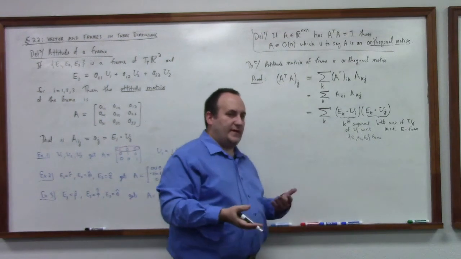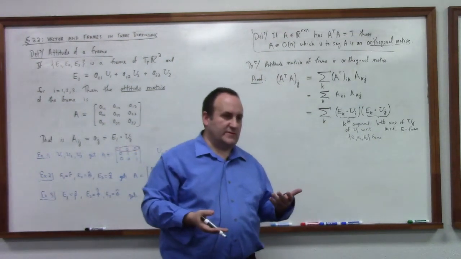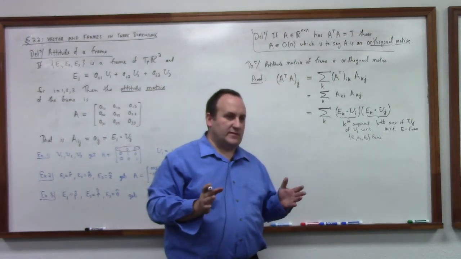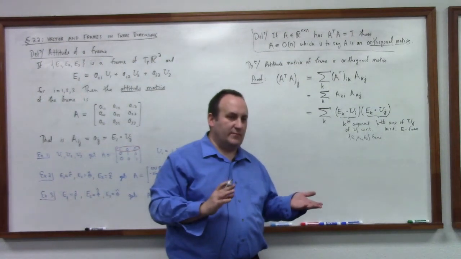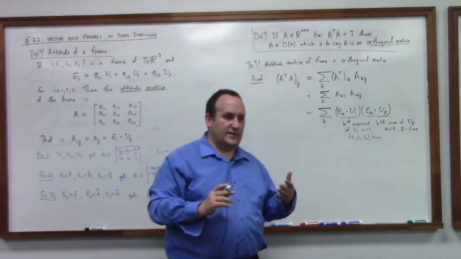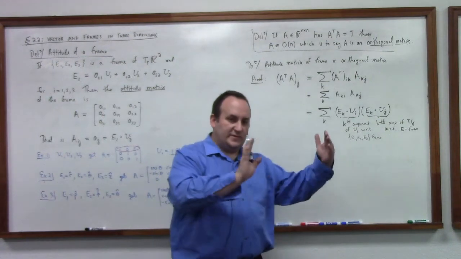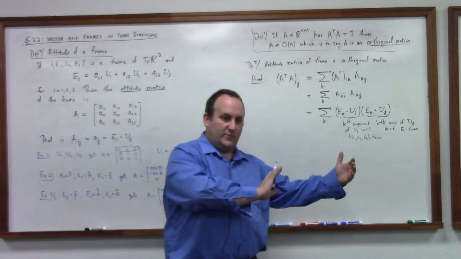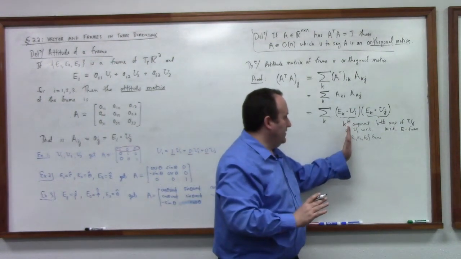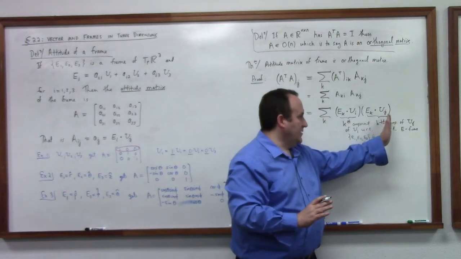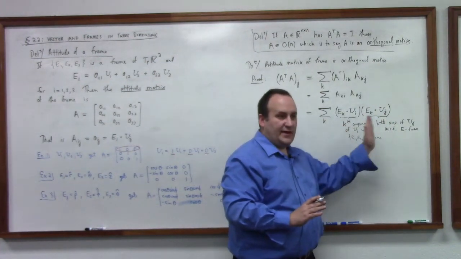So remember that theorem we had and I just erased? The dot product in the other frame is equal to what? The sum over matching components in the E frame. So we have the k component of Ui, the k component of Uj, summed over k.